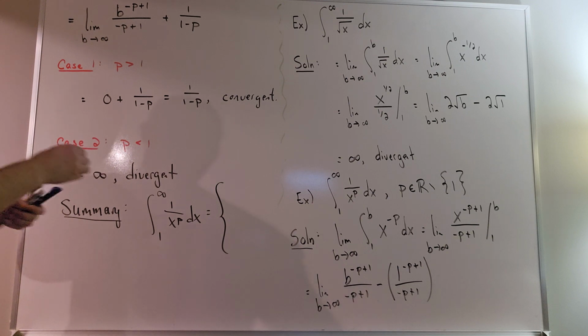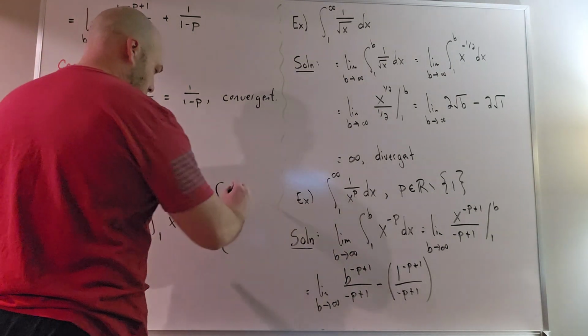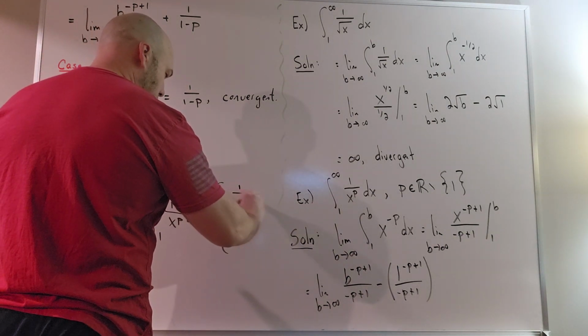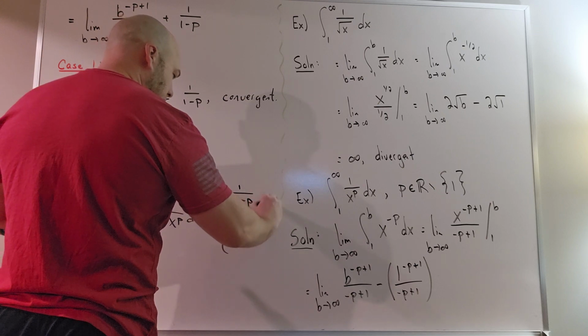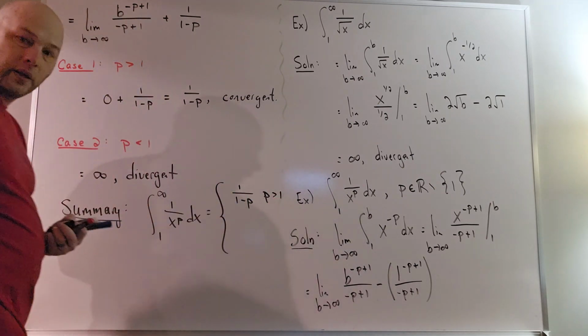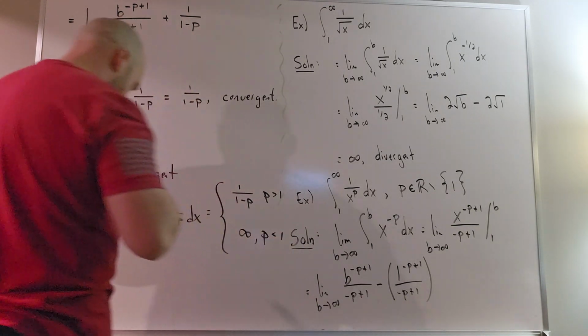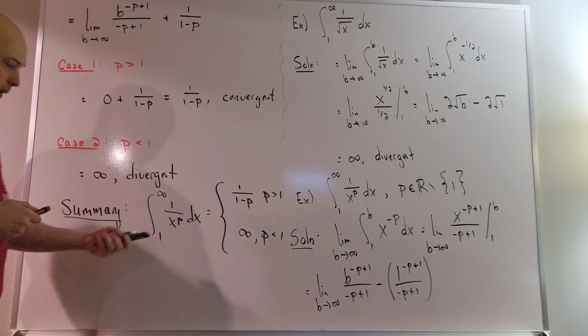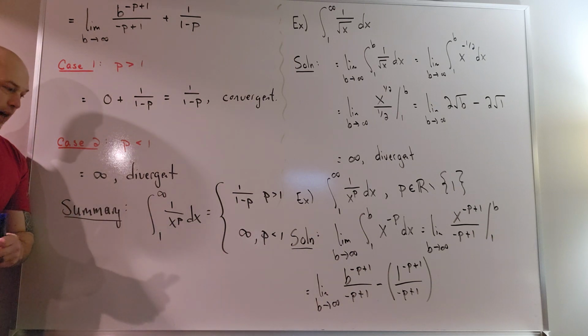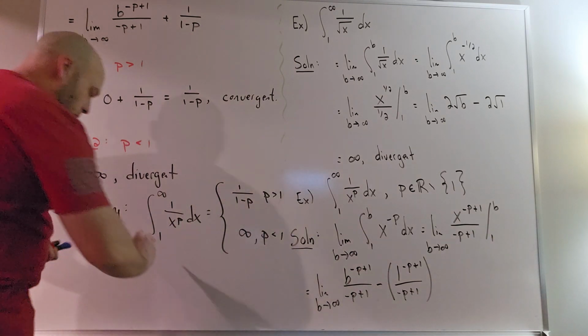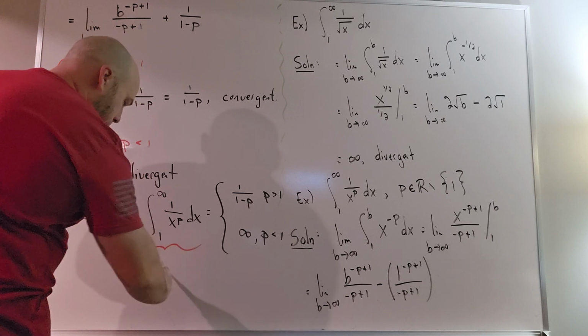Well, this is equal to 1 over 1 minus p if p is bigger than 1, and it's infinity if p is less than 1. Now, this type of an integral comes up so often that we give it a specific name, and we refer to this as a p integral.